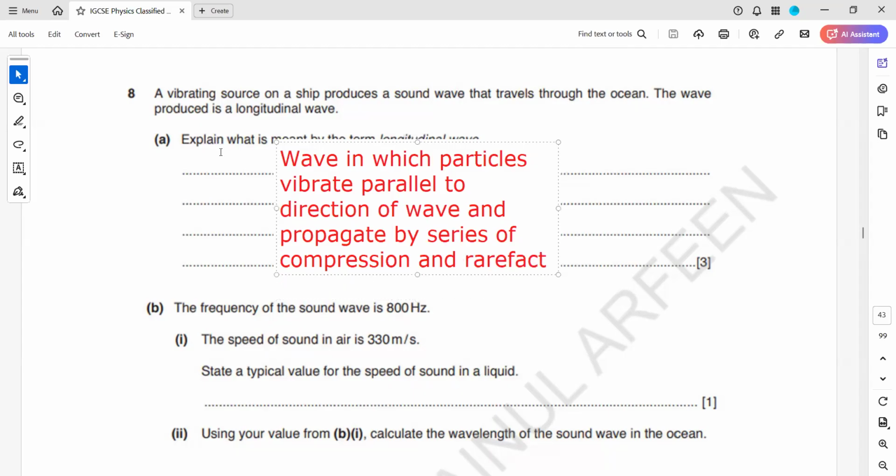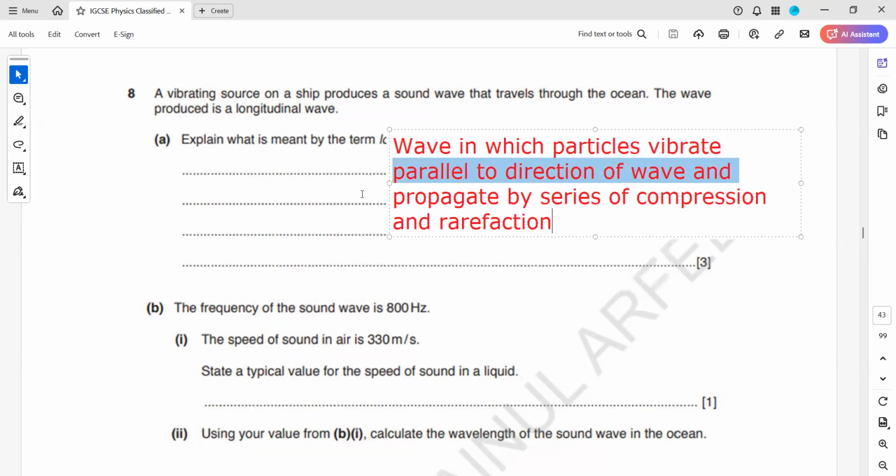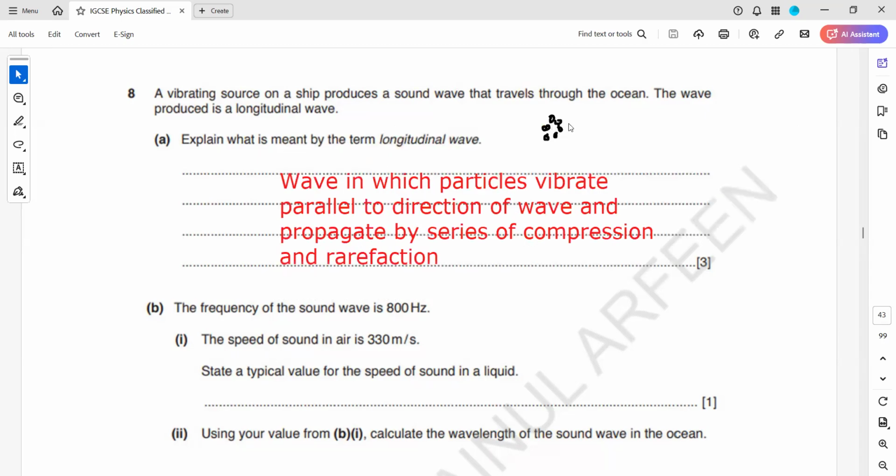Whenever there is a longitudinal wave, the best example is the sound wave. What we will observe in a longitudinal wave is that the particles vibrate parallel to the direction of the wave. Like these are a group of particles, they move to and fro by a series of compressions and rarefactions. What is the meaning of compression? A region of high pressure is a compression and a region of low pressure is a rarefaction.